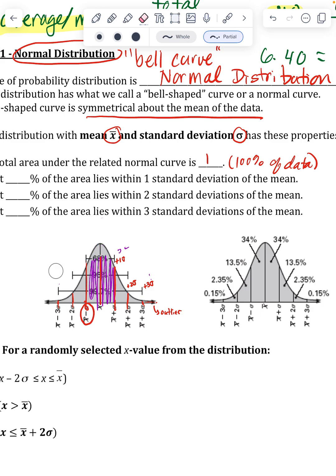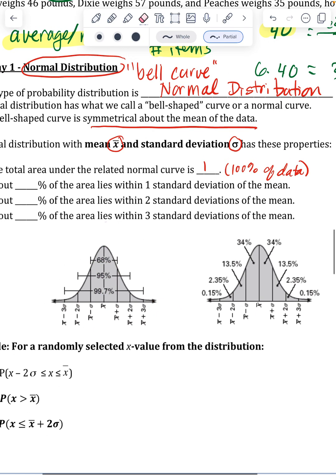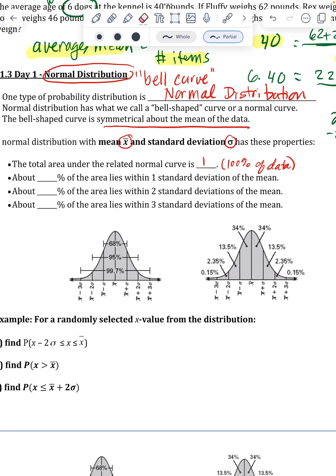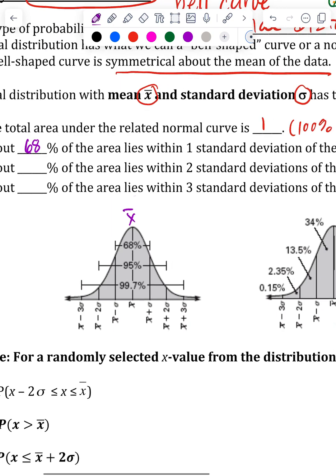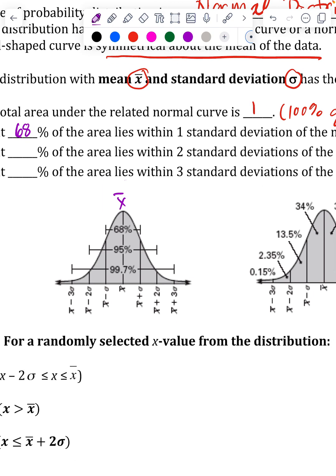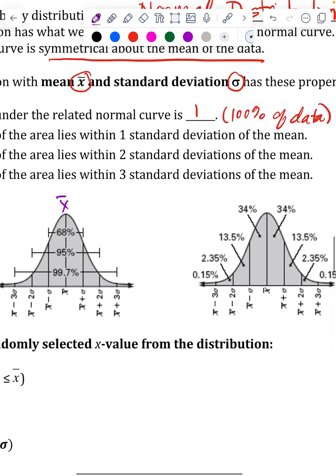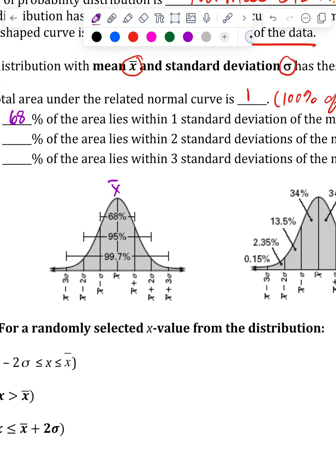So out of fear of that all being very complicated, we're going to work on this for 2 days. And today we're just going to concentrate on these chunks going to the right and left from that mean, which is smack dab down the middle. So right here is X bar. You can see from this chart that about 68% of the data when it's normally distributed, meaning the area under that curve, is within 1 standard deviation, meaning 1 to the right or 1 to the left.